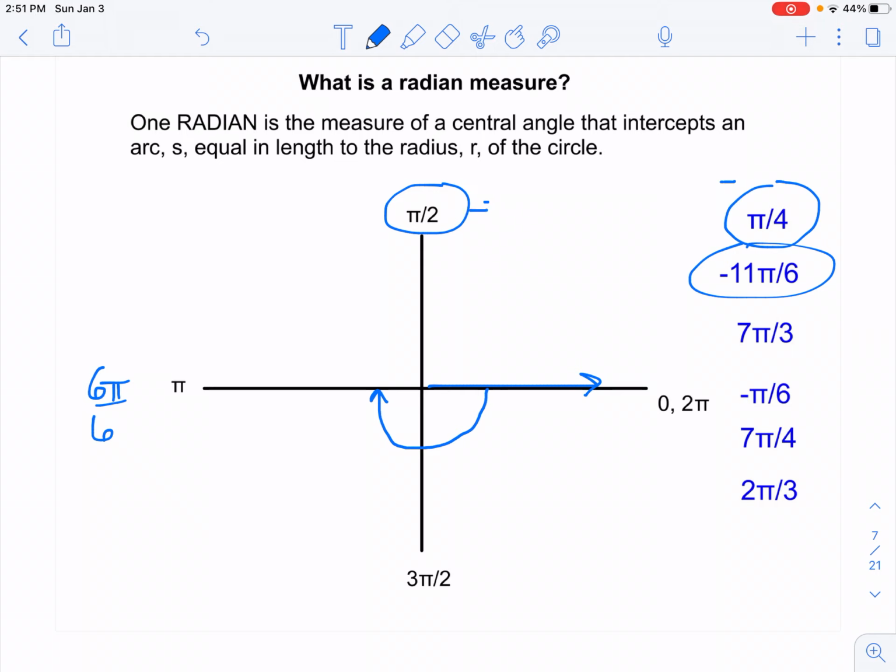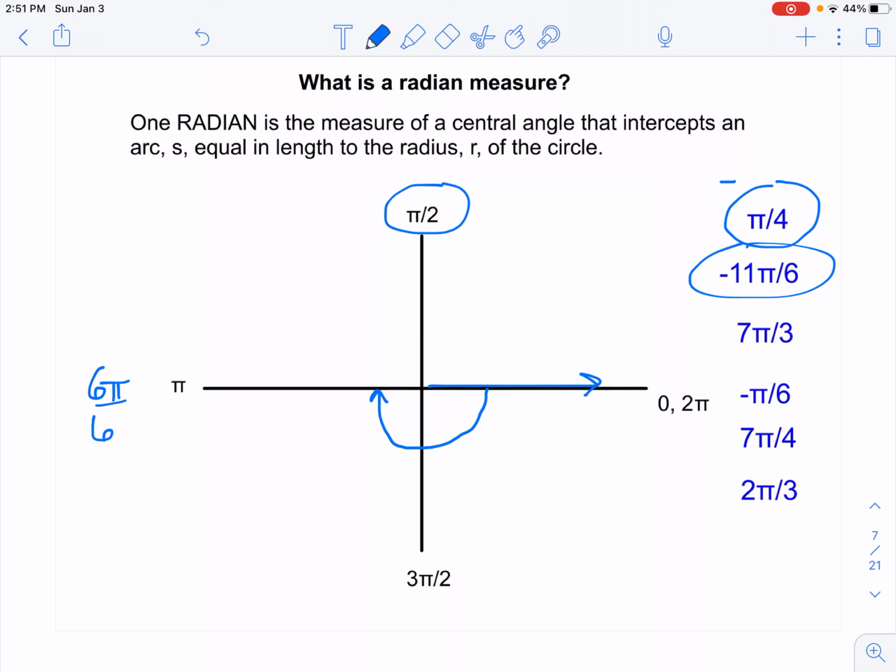I would multiply the top and bottom by 3. I'm sorry, I need to have this, because rather than it being pi over 2, it's really 3 pi over 2 because I'm rotating the opposite direction.